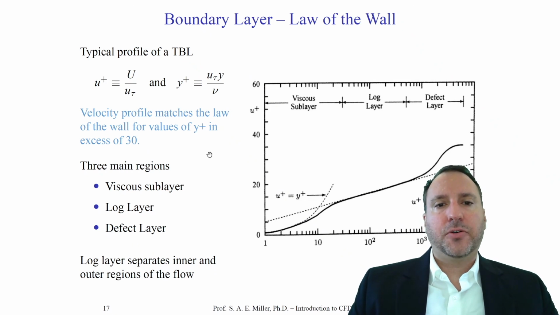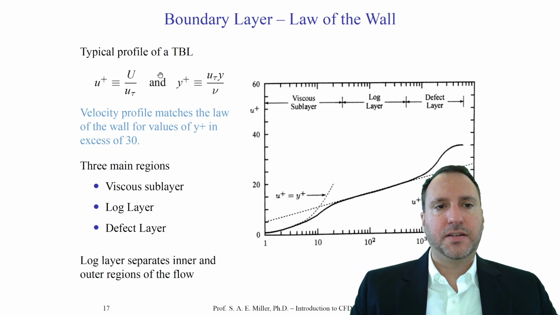Now, in the inner coordinate framework of u plus and y plus, which are dependent mainly on the friction velocity and the distance from the wall, because u is only dependent on the distance from the wall at its local position x downstream from the leading edge of the plate, we can plot what we see as a linear-log plot. The x-axis is y plus, which is the distance from the wall. For example, here we have y plus distances of 10, 100, 1000, 10,000. The y-axis will be plotted in a linear framework as u plus from 0, 20, 40, 60.